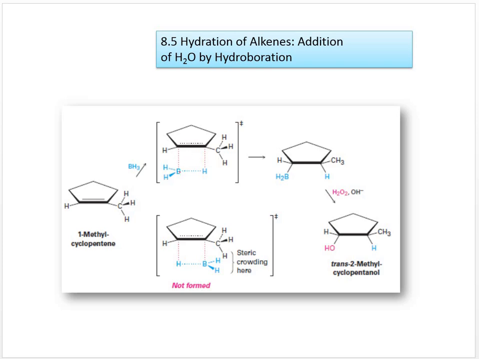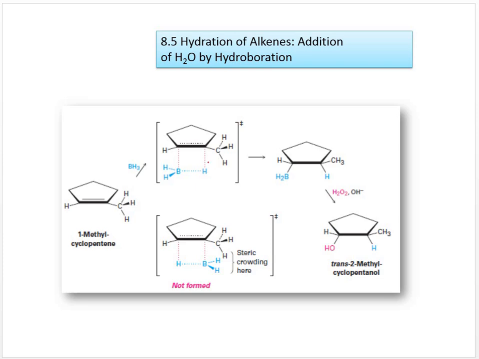So what does it mean? In order for BH2 and H to be added at the same time, they should approach from the bottom or from the top, and BH2 and H can be added only from the same side, because the bond formation and bond breaking processes all occur simultaneously.